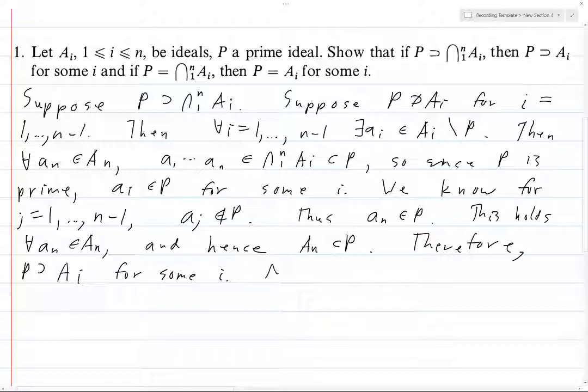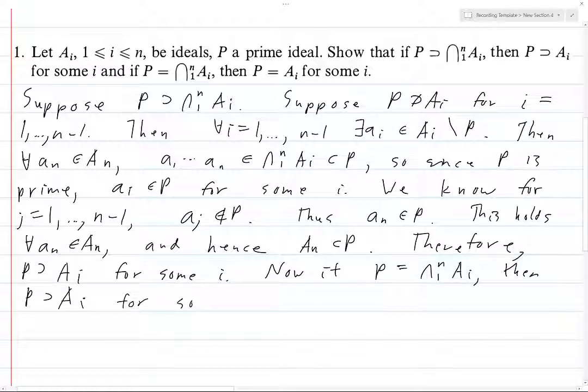Okay, so now if P equals the intersection from 1 to n of AI, then P contains AI for some I, because we just proved that.